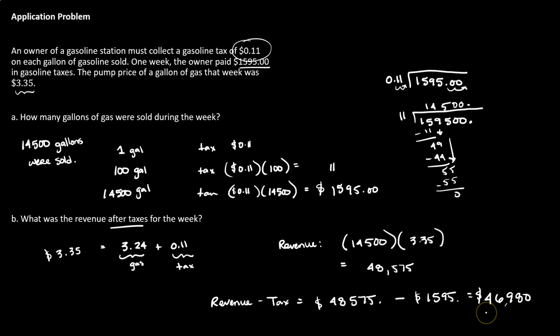Now, don't confuse revenue for profit here. Some of that revenue would have to go into maintaining the gas station, but we are removing the tax because the business owner doesn't get to use that tax money at all. They have to pass it on to the government. So here's an application problem where we used decimals, dividing decimals, multiplying decimals, understanding decimals in context of money.